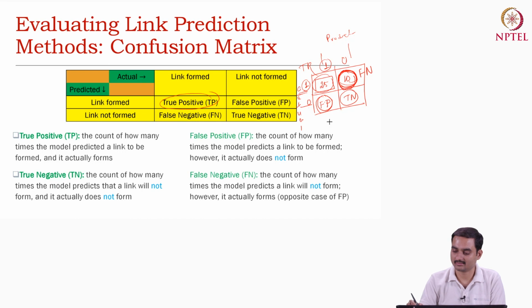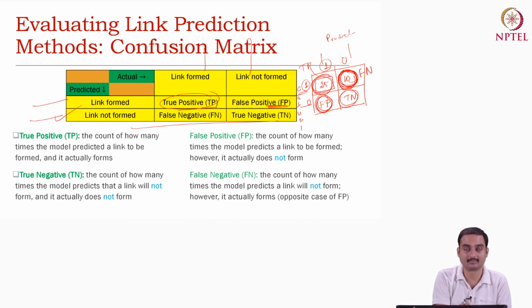Okay. So you may wonder, I mentioned this is a true positive, false negative, false positive and true negative, but in this slide it is true positive, this is false positive, right? Why is it so? Because in this matrix, rows indicate predicted outputs and columns indicate actual outputs. But in our case, it is the other way around. Rows indicate actual output and columns indicate predicted output.